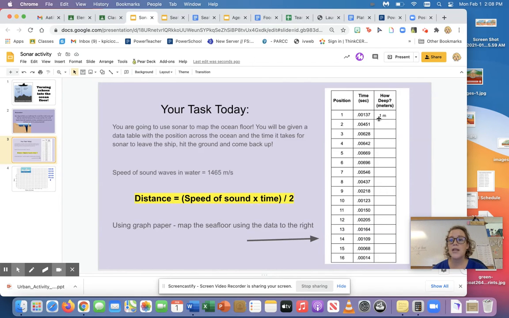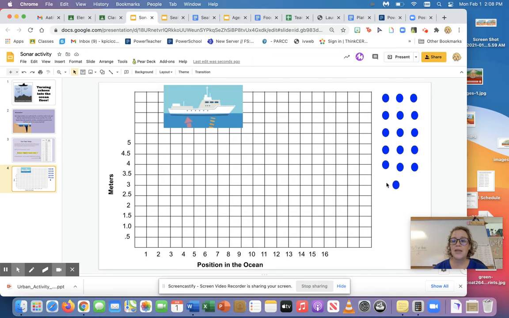So I'm going to do 1 and 1. Here's how I do it: 1 for the position, 1 for the meters. I take a dot, go down to position 1, then go up 1 because that's where meters is, and plop it right there. That's where the sonar reached. It was that point in the ocean.